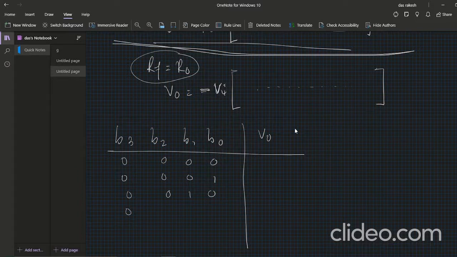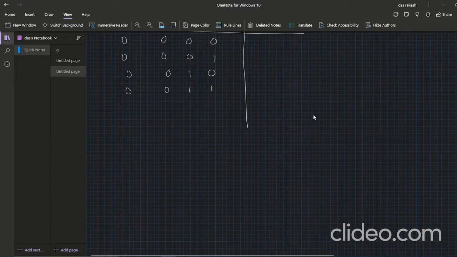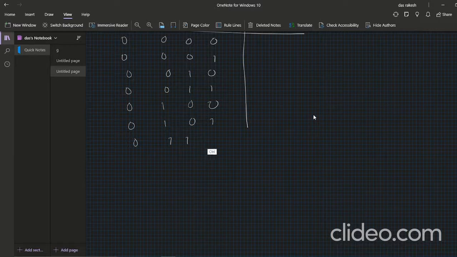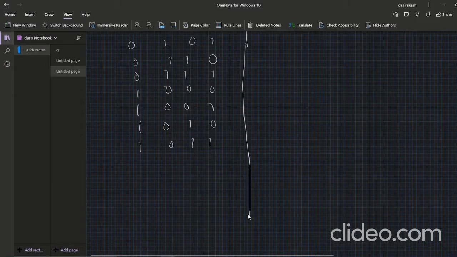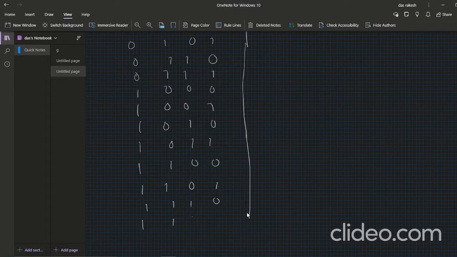This is 0010, this is 0011, this is 0100, this is 0101, this is 0110, then 0111, then 1000, then 1001, then 1010, 1011, and next 1100, 1101, 1110, and the last combination is 1111.